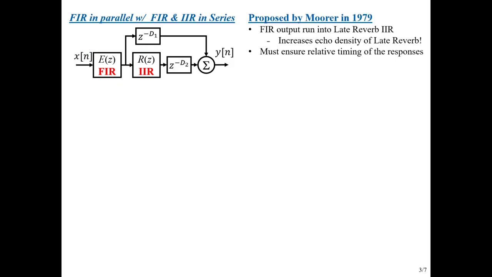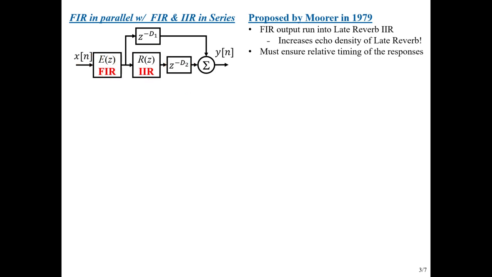response of this path, it's no longer just the impulse response of this. It's this thing cascaded with this. So you get a bunch of delta functions coming from this, and every one of those kicks off the impulse response of that.